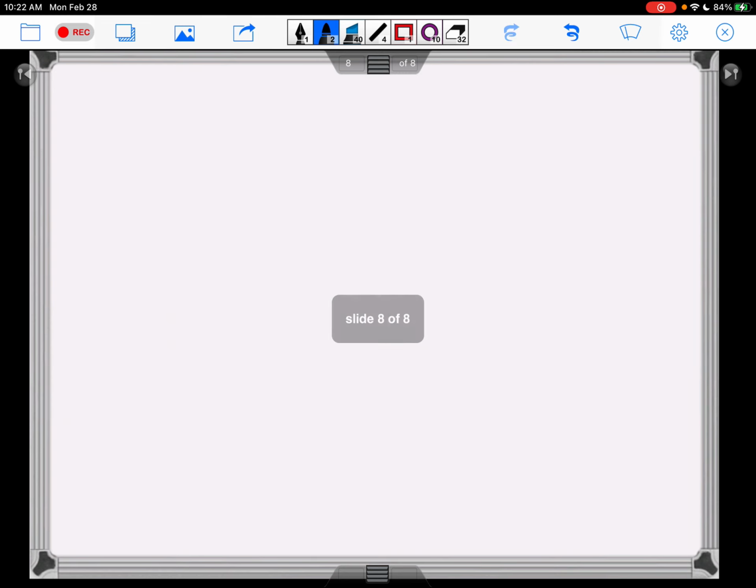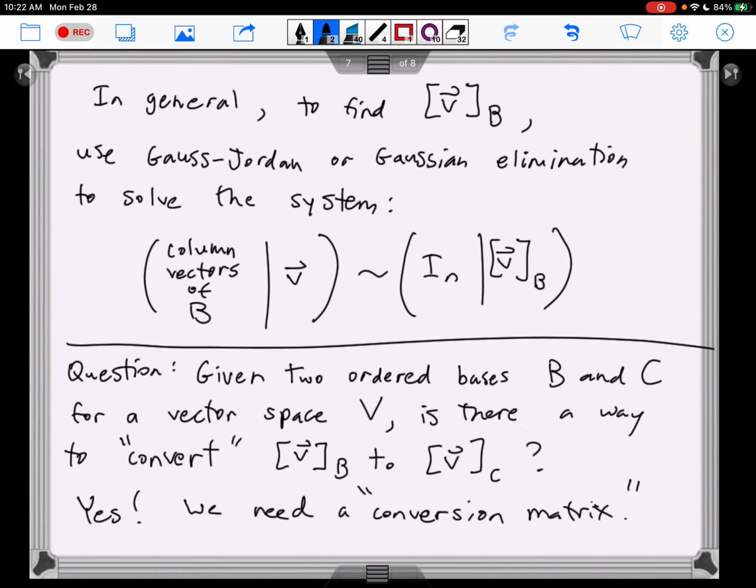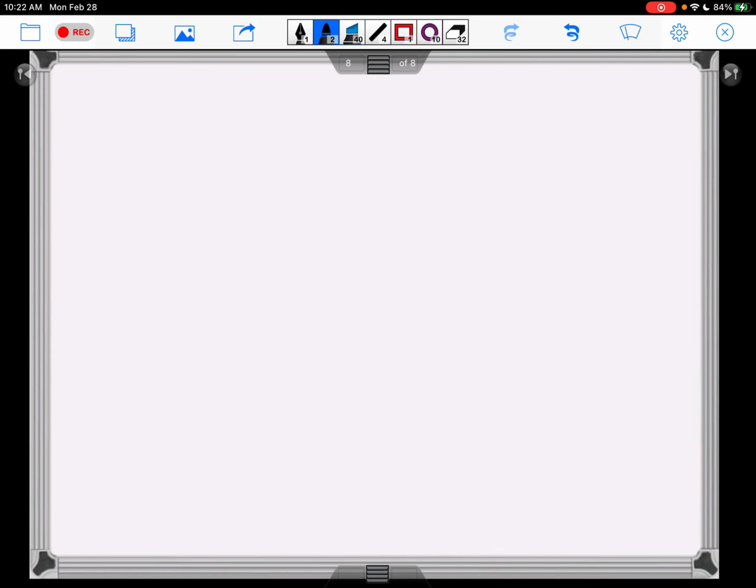Okay, so here's our definition. I called it a conversion matrix just now, but the official term is actually going to be called a change of basis matrix. But you can think of it as converting from one basis to another. So let's write out our formal definition here.